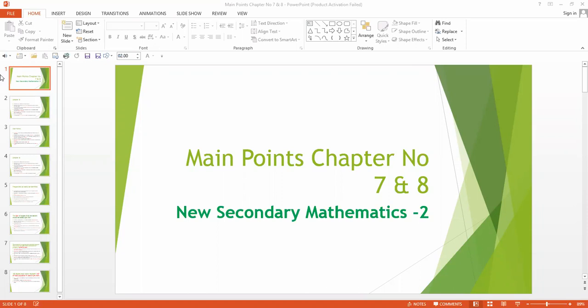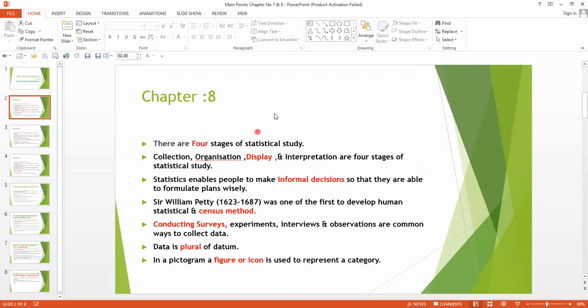Firstly, we have to do from chapter number 8. So the first one is, as you already know, we have already done this activity in the class also, that in a statistical study, first we have to collect the data.